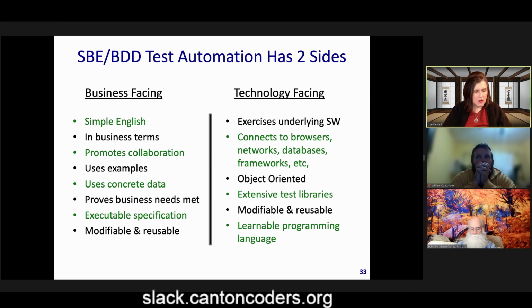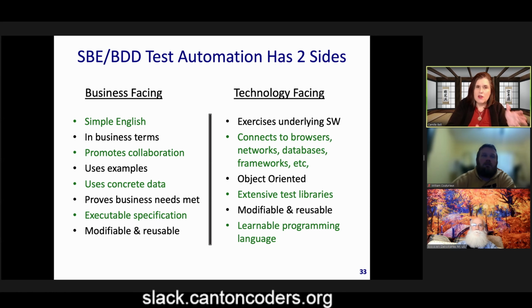SpecFlow is Microsoft's name for the same thing. I have no idea why it's called SpecFlow. I believe there's another one called Behave. Trying to remember. Python. Yeah, that's the Python version. Anyway, it comes in at least a dozen different programming language variations for the technology facing side.